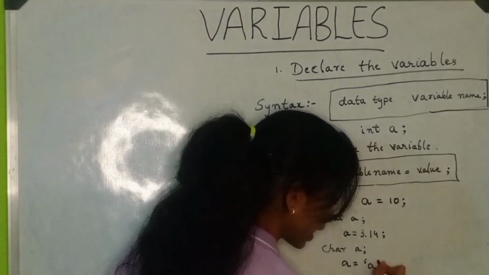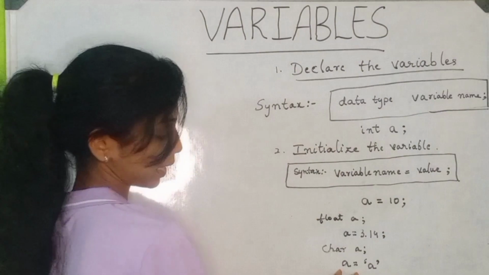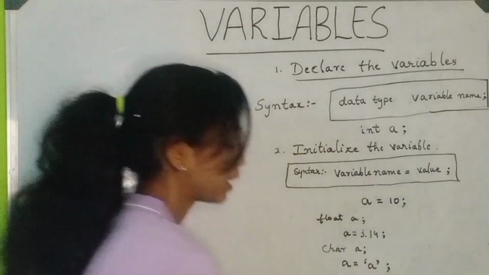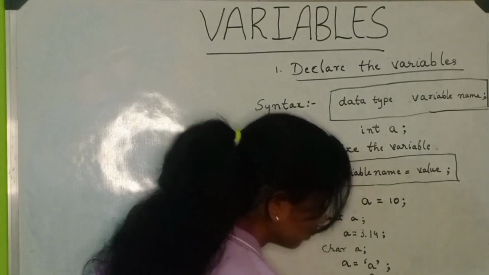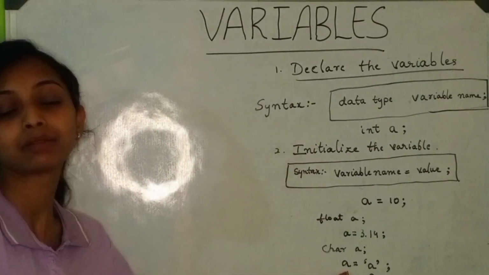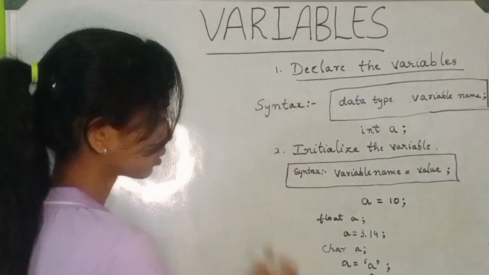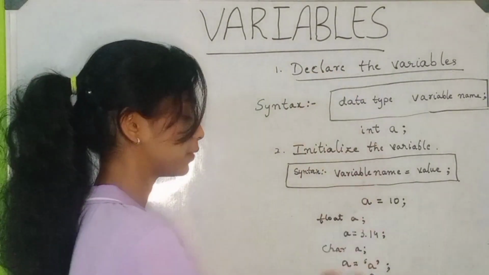So I'm storing character a and closing the semicolon. You know, this a has the value 97. Whenever you print the value of a, the value 97 will be printed. So this is how we declare and initialize the variables.